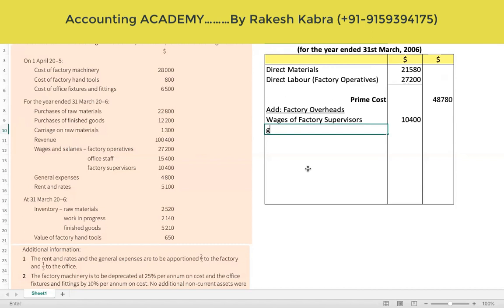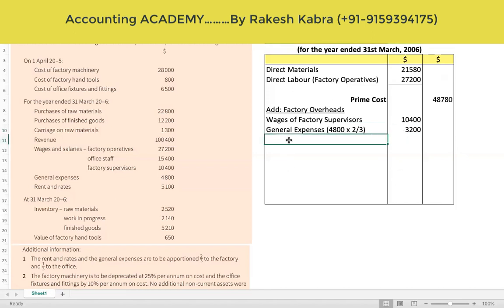So first I will take two-third of general expenses. What is the total amount for general expenses? 4,800, right? 4,800 times two-third I will take, because that is only related to the factory. So 4,800 multiplied by 2 divided by 3, 3,200, right?